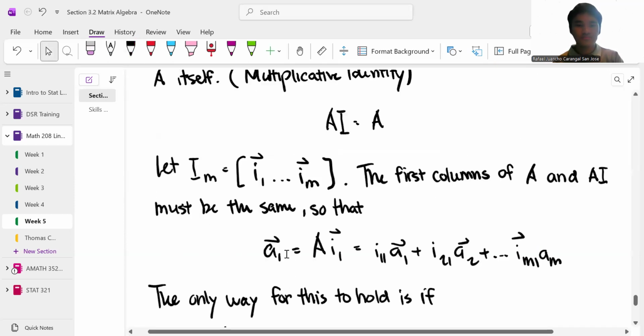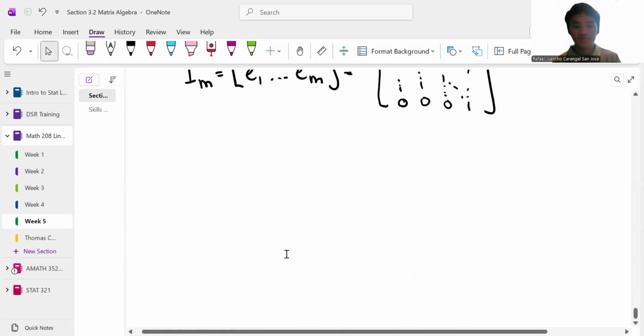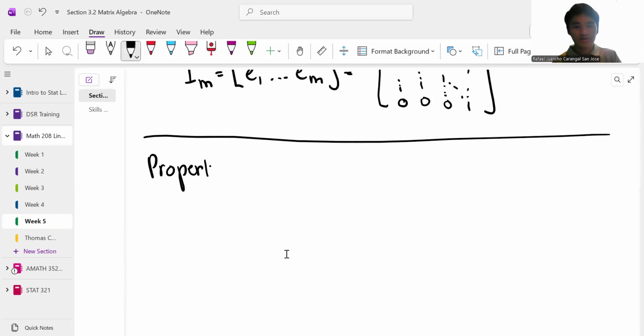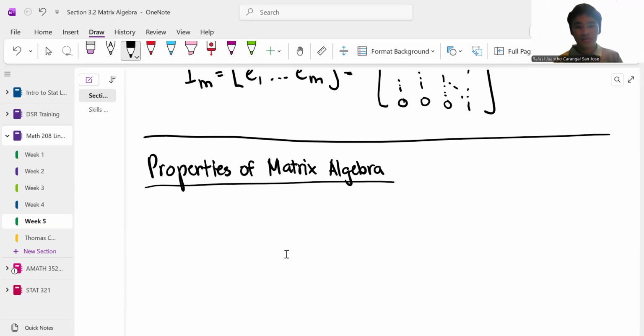Right. That was a hell of a proof, but you should be fine. Okay, now let's talk about properties of matrix algebra. As we have already seen, addition and scalar multiplication of matrices share many of the same properties as addition and multiplication of real numbers.